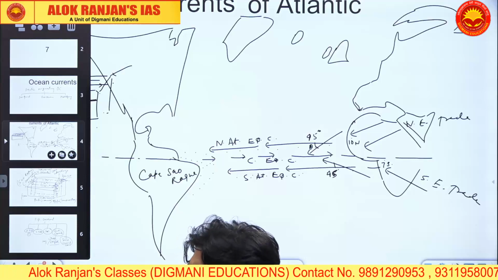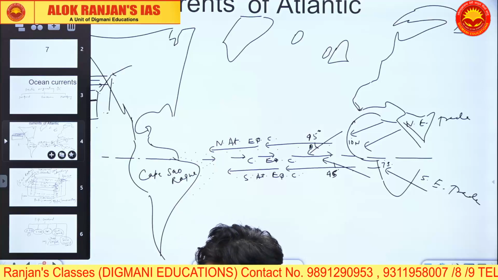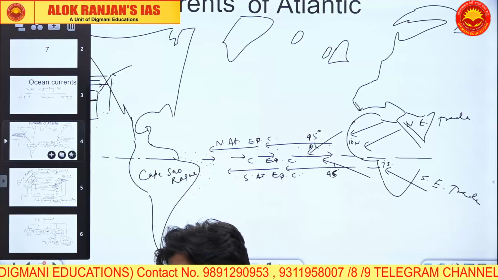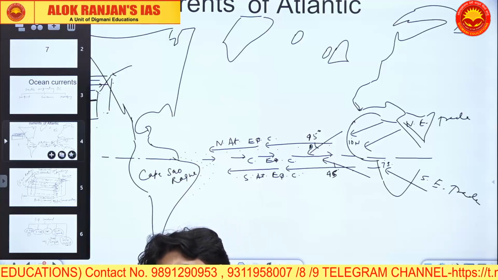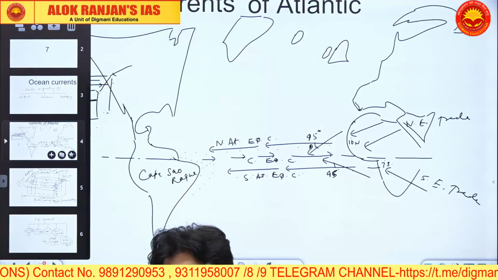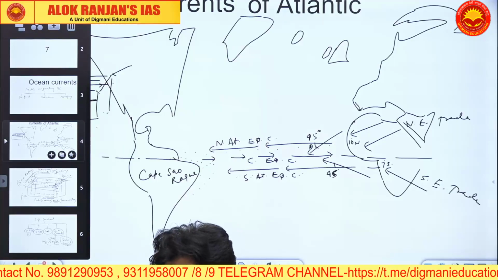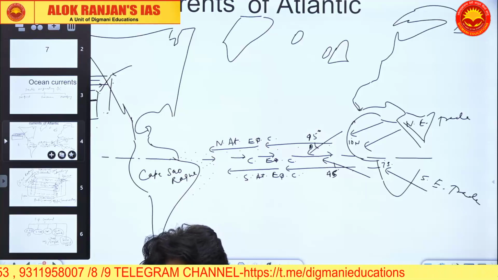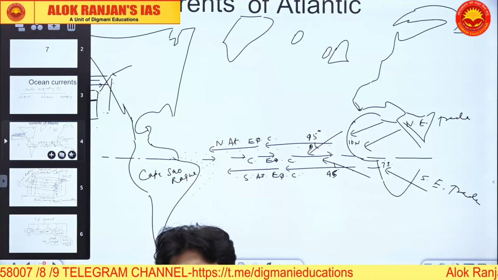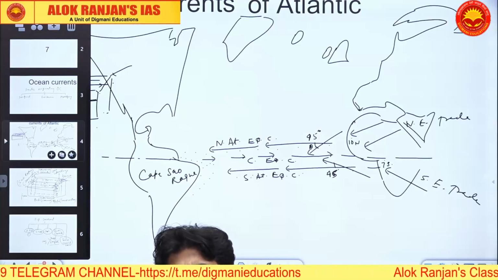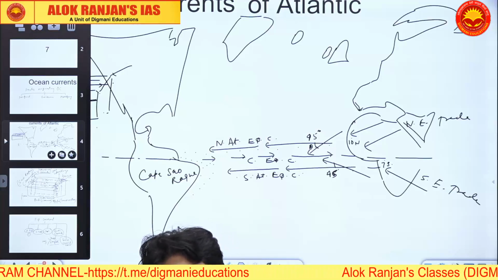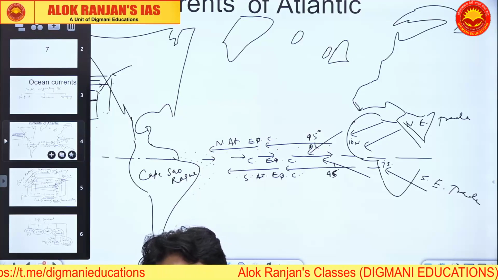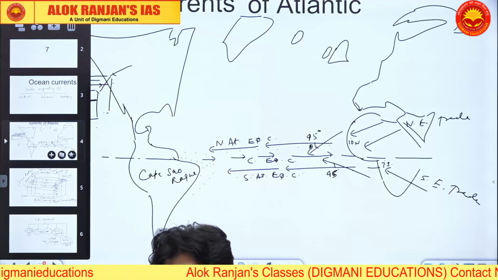The downwelling water, at a depth of 500 to 1000 meters, moves as an undercurrent towards the Guinea coast of Africa.